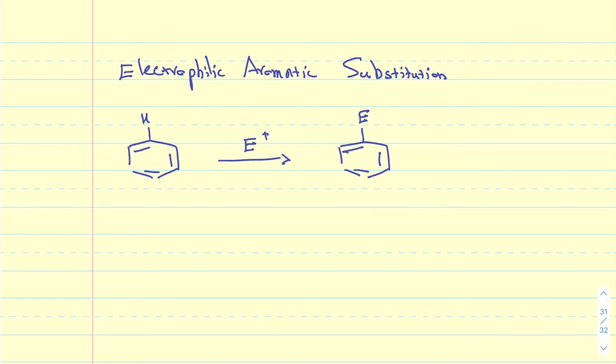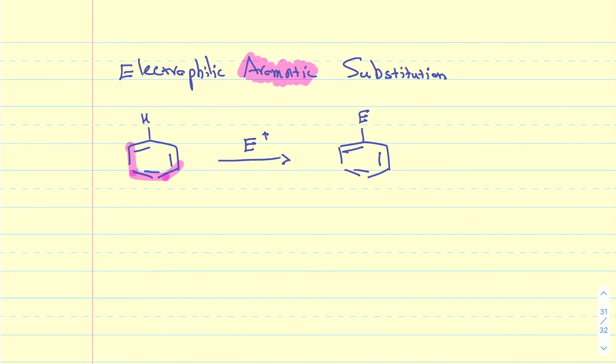So in this video, we're going to be talking about electrophilic aromatic substitution. We're going to be talking about what that is, what the mechanism of that kind of reaction looks like, and some general aspects of electrophilic aromatic substitution. Alright, so first of all, what is electrophilic aromatic substitution? It takes place on an aromatic compound, hence electrophilic aromatic substitution.